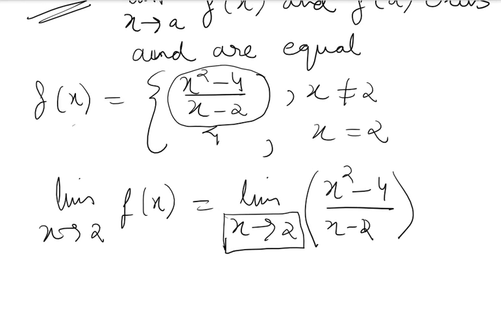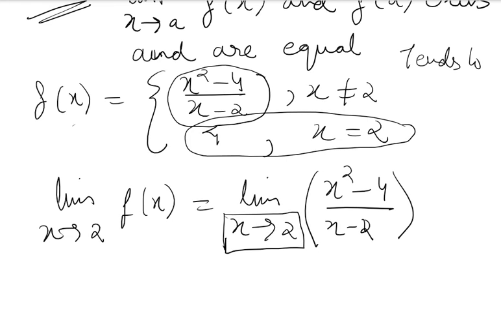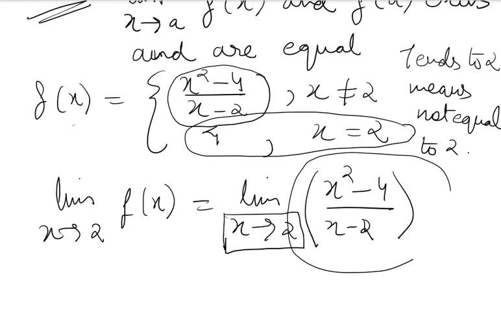Because x tends to 2 means this function, right? But no, x tends to 2 means not equal to 2. Understood? Okay, so that means we will have to take this function.